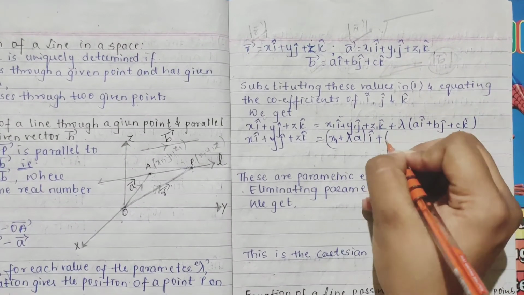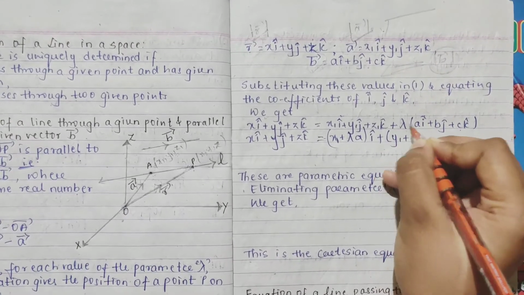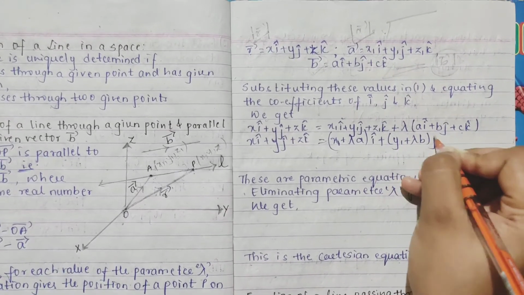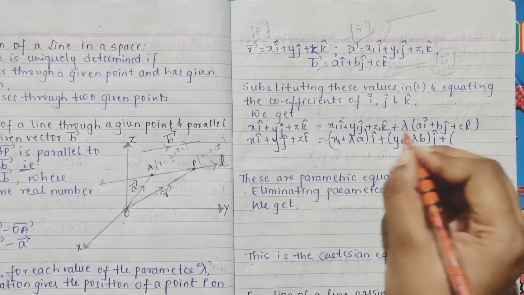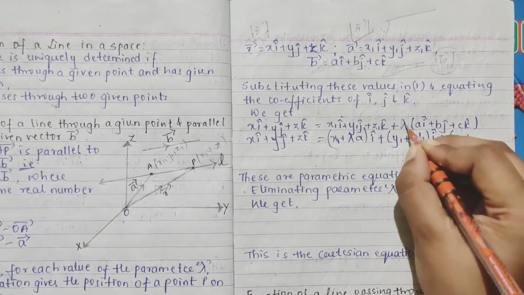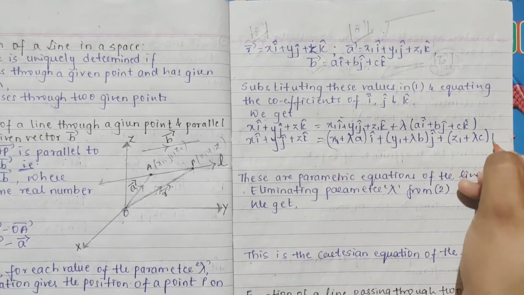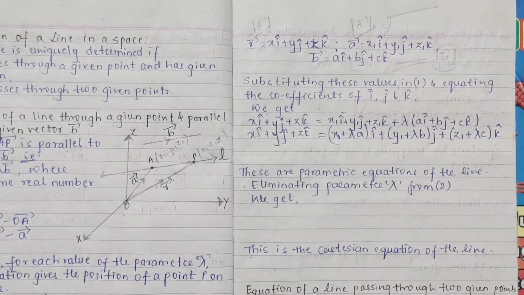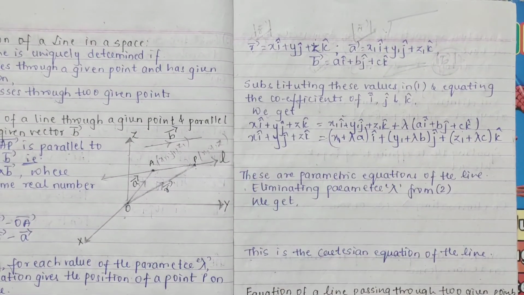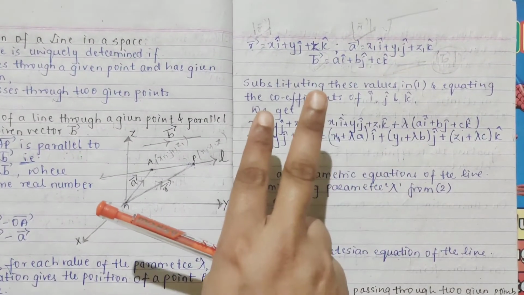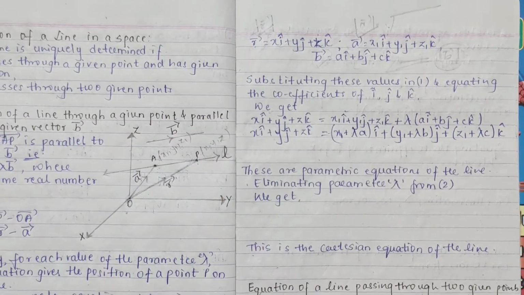Second is the j cap part: y1 plus lambda b. Then for k cap you get z1 plus lambda c. Here you can see how we do in complex numbers, equating the real side and imaginary side.